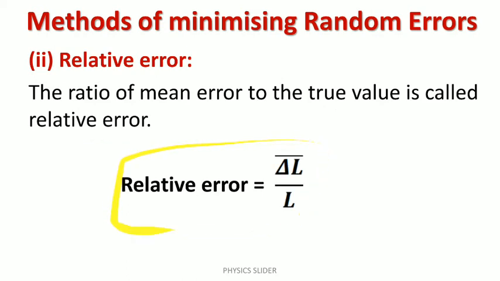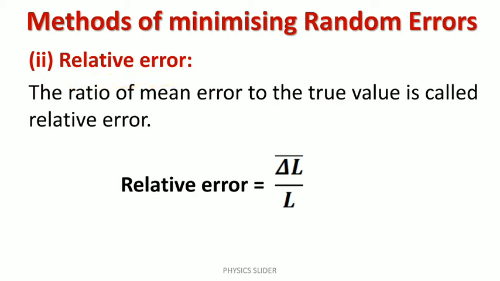All right, the relative error is the mean absolute error divided by the true value of the measurement. So this is one more method of minimizing the random errors.